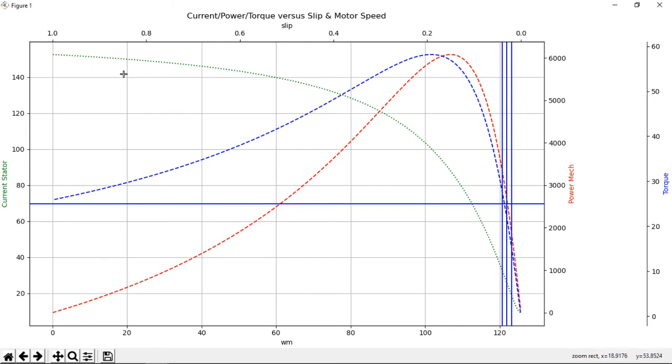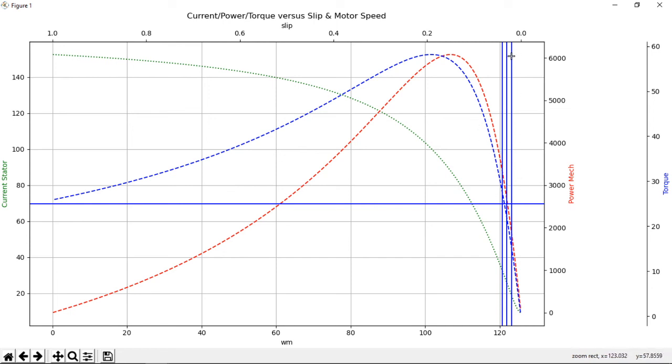Here we can see all the different curves, and the current is the actual current in each phase. This torque here times 3 would be the torque produced by the motor, and this curve here times 3 would be the actual power. We talked about the actual operation of the motor being down in here, maybe up as high as here.